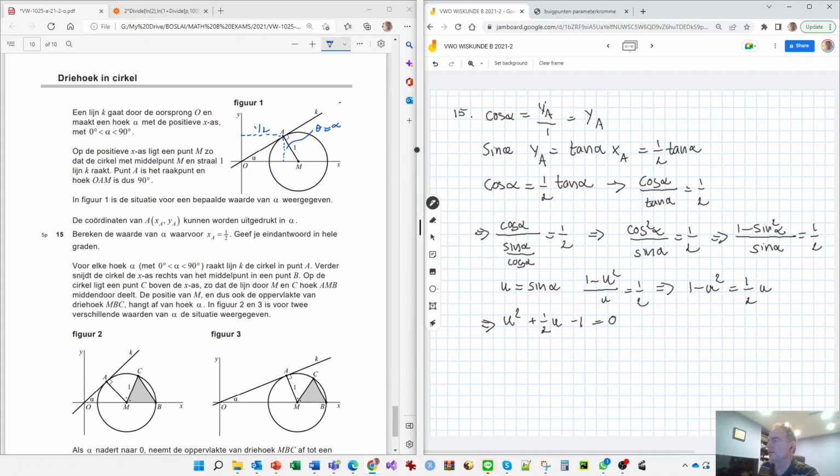Don't think it's easy to factorize. Maybe you can complete the square. Write it as u plus 1/4 squared.